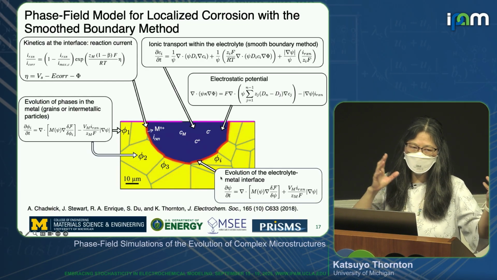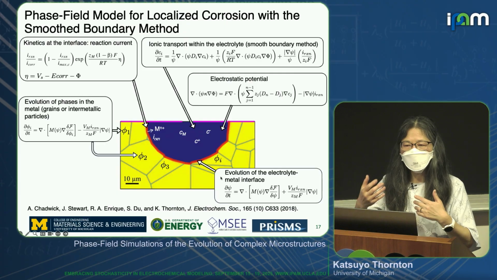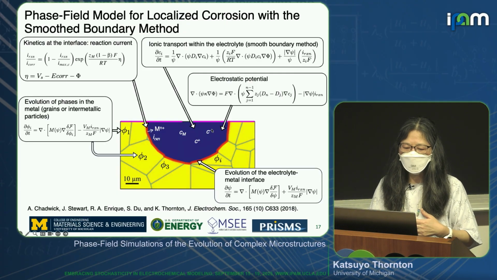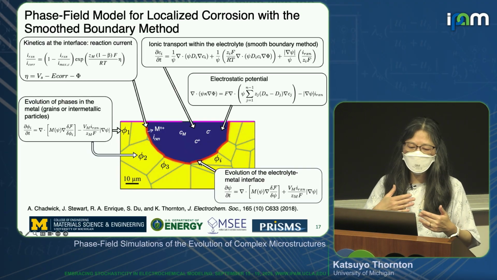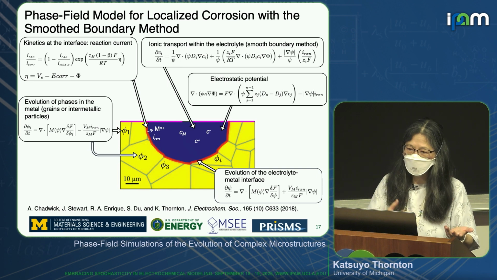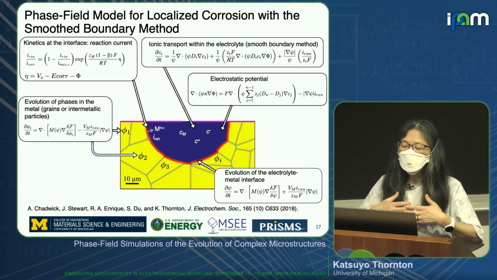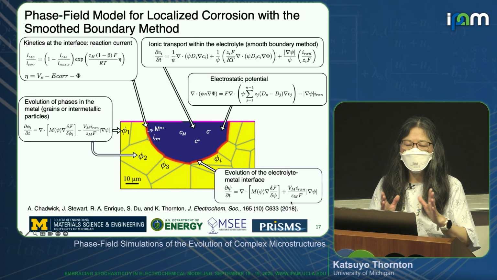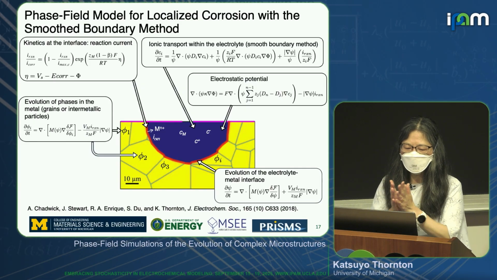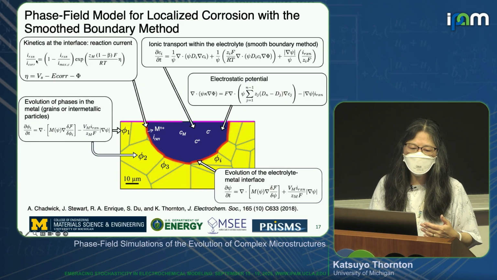Compared to the battery problem, where you can have intercalation of lithium from the electrolyte to the solid, in this case nothing is intercalating. Whatever the deposition or the dissolution will move the interface, and that's handled using the phase field model that has this term that moves the interface based on the reaction rate.